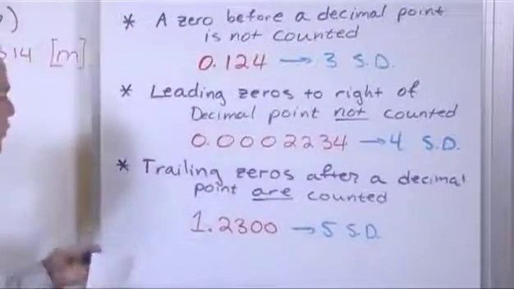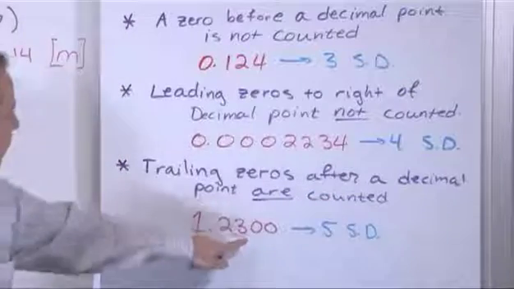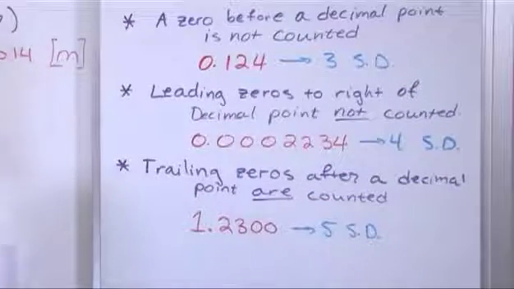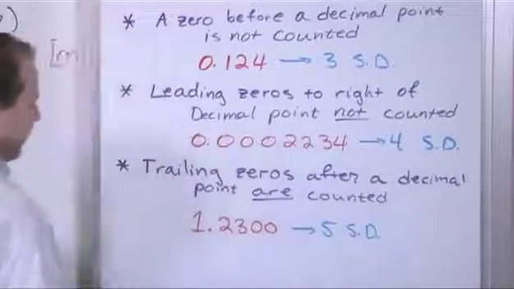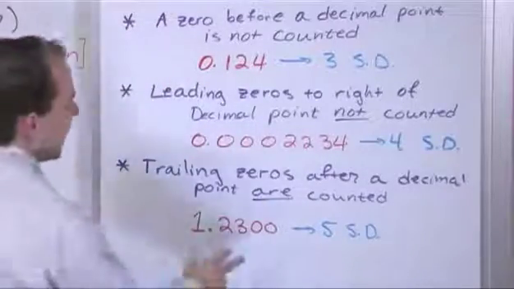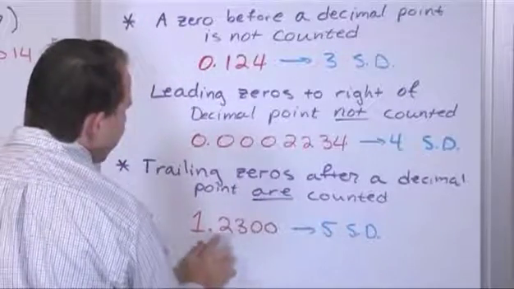Now, you can just memorize the rule, trailing zeros. These are called trailing zeros after a decimal point, right? These are counted. The reason they are counted is because there's some value in having these guys here. In other words, I don't really have to put these zeros here. I can cover them up and just put 1.23.